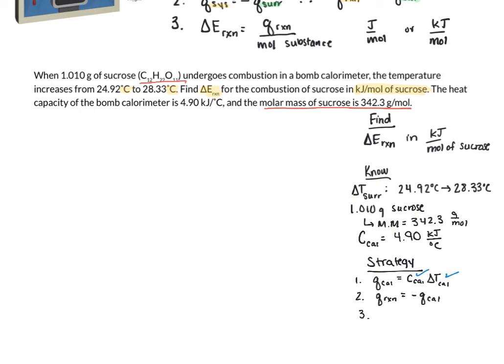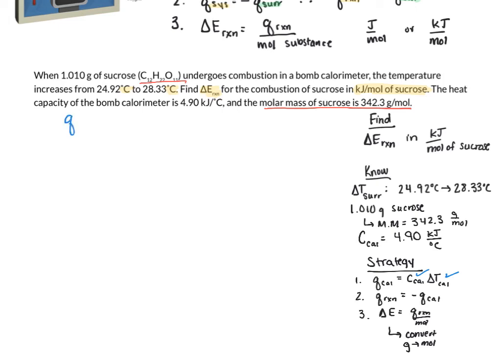And then step 3, we want to do delta E equals Q of the reaction divided by moles. And in order to do that, we need to convert grams to moles. Okay, so there's our strategy, so let's solve the problem.